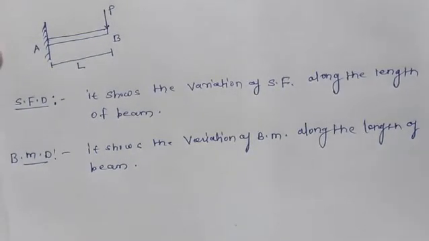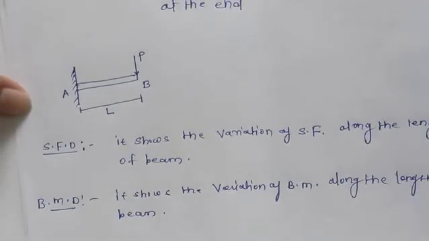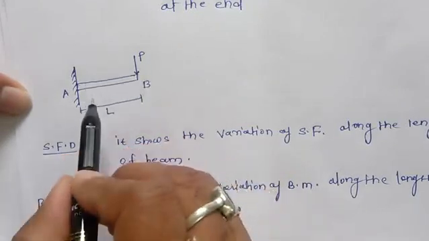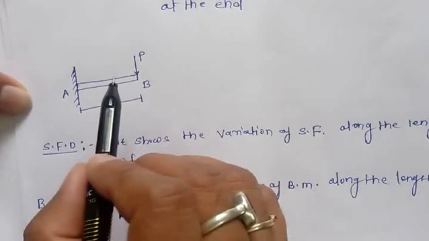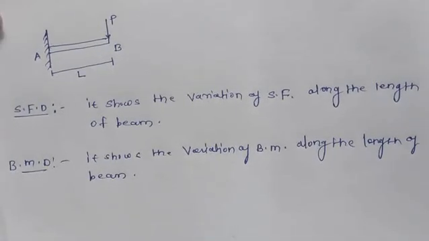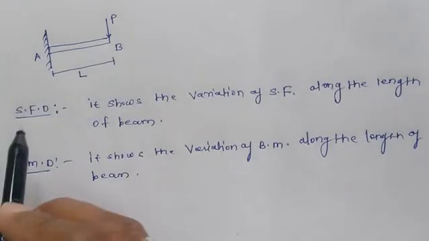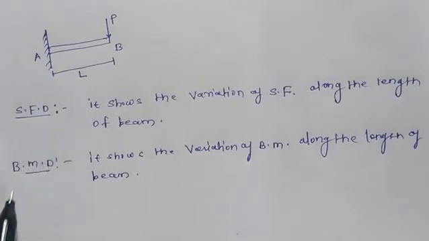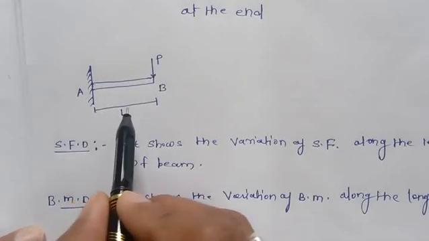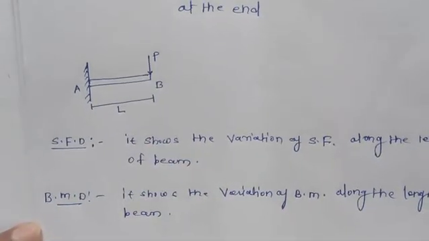Bending moment is nothing but the summation of the moments of forces up to a section. So we have to take the summation of all the moments up to the section, and moment is nothing but force times perpendicular distance. So this is all about the shear force diagram and bending moment diagram, and based on that we will solve this problem, the cantilever beam with the point load at the end of this beam.